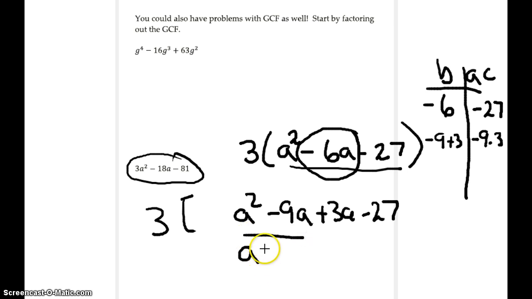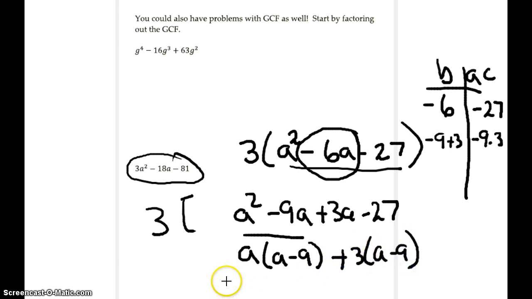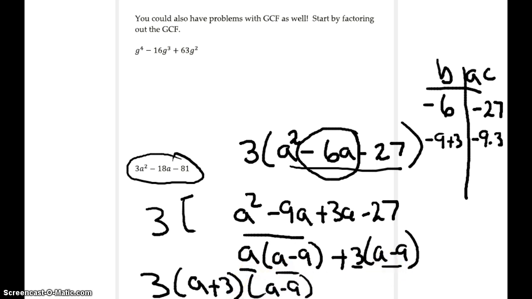Do the grouping technique again. A times a minus 9 plus 3 times a minus 9. Keep my 3 on the outside. I have my a plus 3 and my a minus 9.